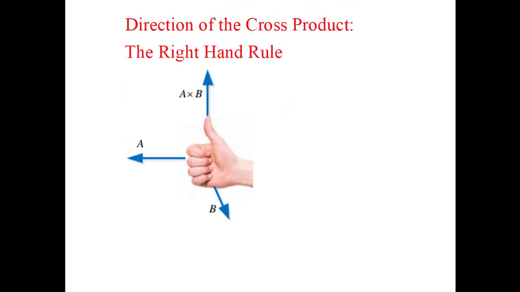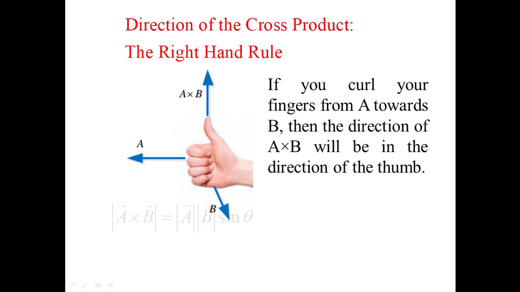But before that, the direction of the cross product of any two vectors is determined using the right-hand rule. If we curl our fingers from A towards B, then A cross B is in the direction of our thumb. This formula shows us the magnitude, and the right-hand rule shows us the direction.